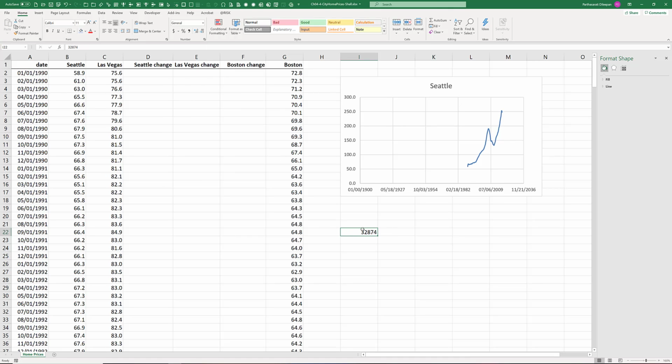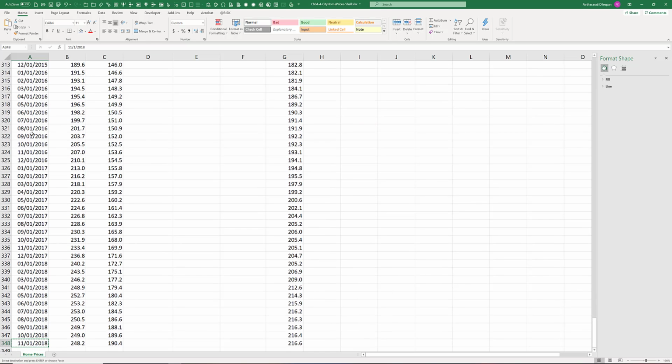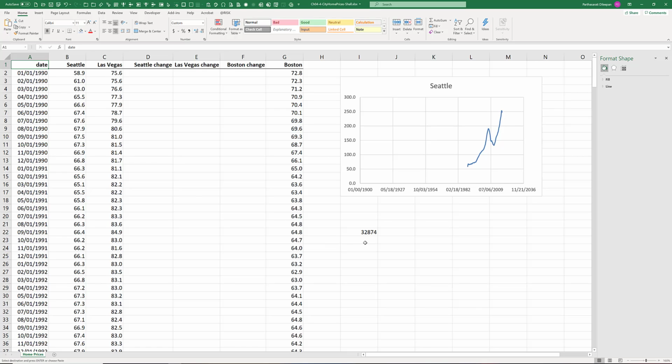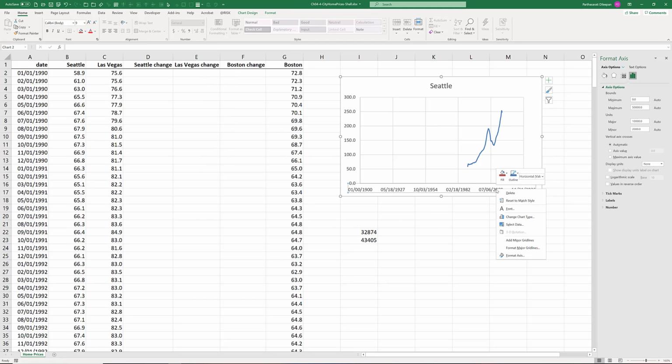So that gives you the numerical value of that date. And then let's take the last one and change that to general. Okay, so now we have the actual numerical values of the dates.